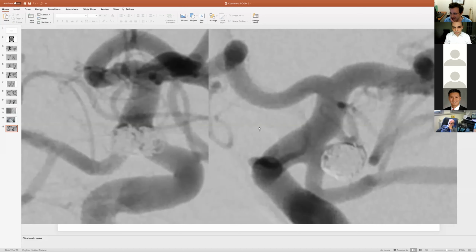I think there are more options in the balloons. The one thing about the Eclipse balloon is it inflates and deflates a lot faster than the Scepter. I think we can argue about the navigability, but in terms of deflation, for sure.